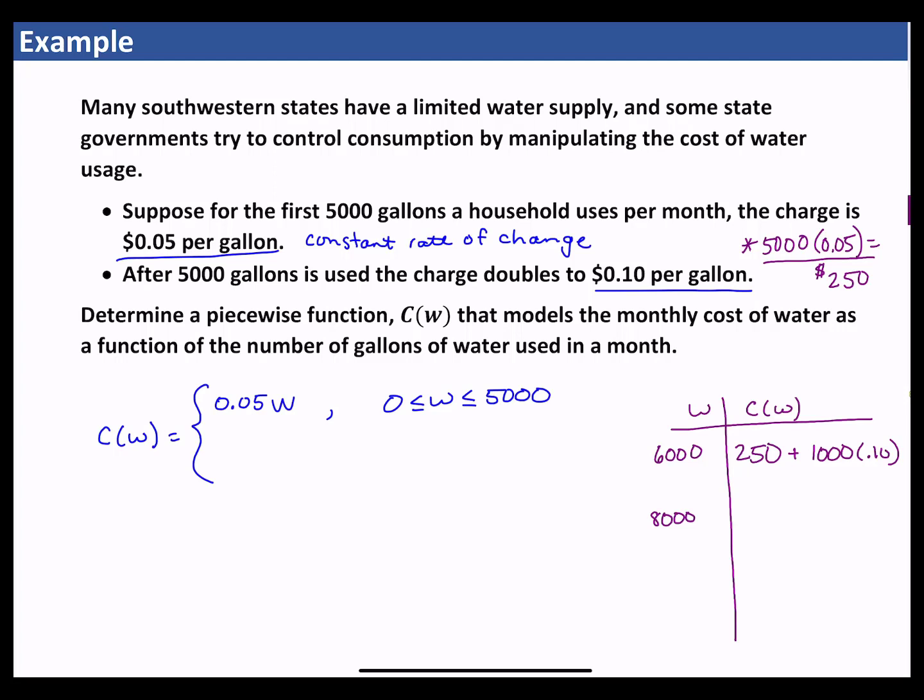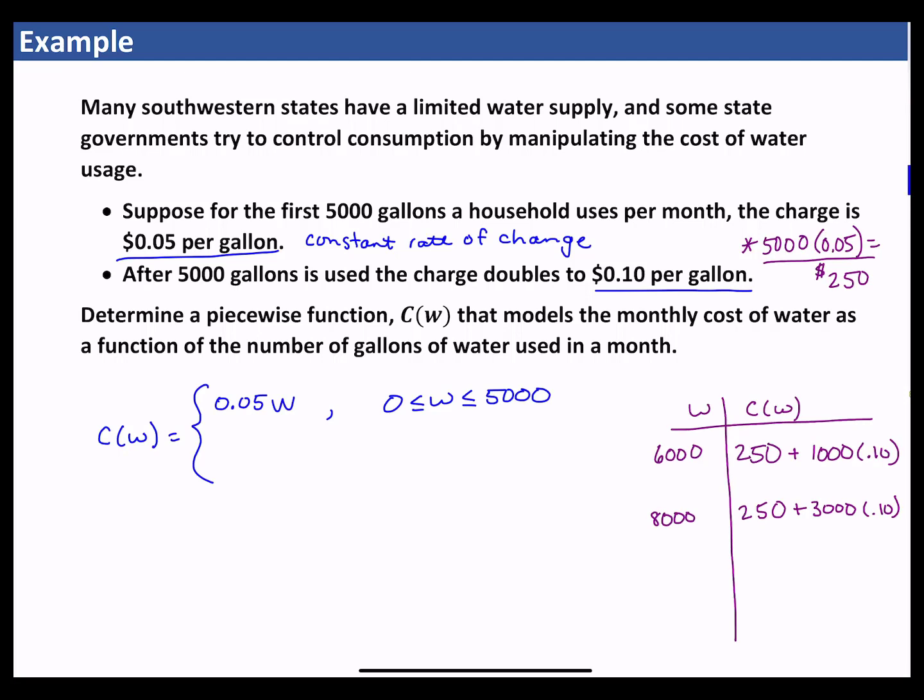So for the first 5,000 gallons, they're charged $250. And then they're going to be charged 10 cents per gallon, but only for the excess gallons beyond 5,000. So 8,000 is 3,000 over that initial 5,000.